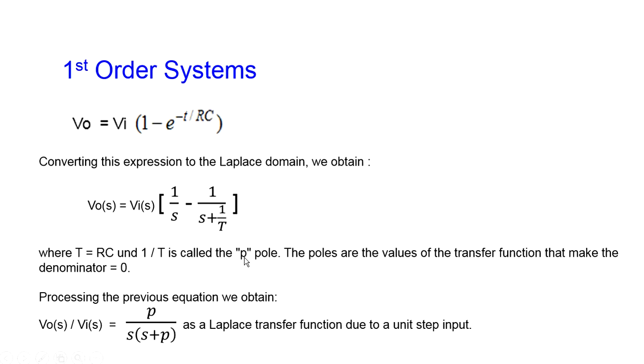The poles are the values that make the denominator of the transfer function equal to 0. Processing the previous equation, we obtain the transfer function, output voltage divided by input voltage, equal to P, the pole, divided by S times S plus P, as the Laplace transfer function due to a unit step.